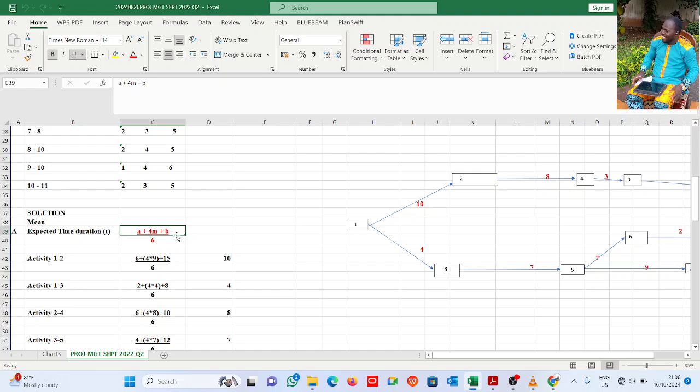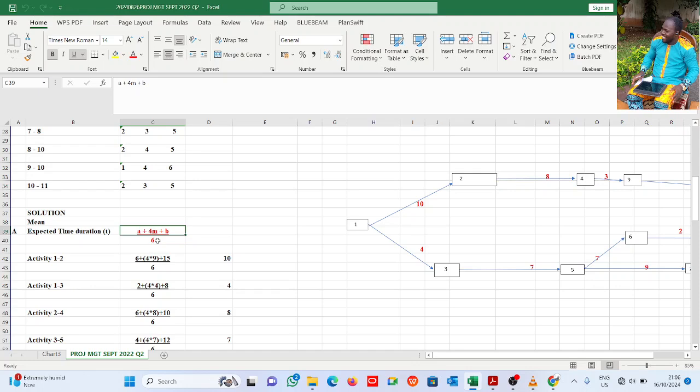So a plus 4m plus b divided by 6 is the formula for the mean or expected duration for each activity. This dates back to 1950 with the US Navy, and since then it has become a method for estimating duration for projects with uncertain characteristics. You can Google it and research it.